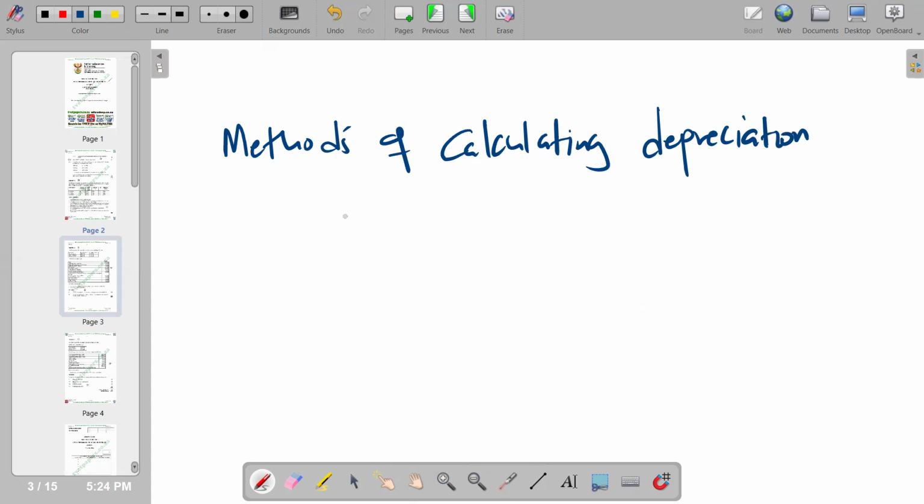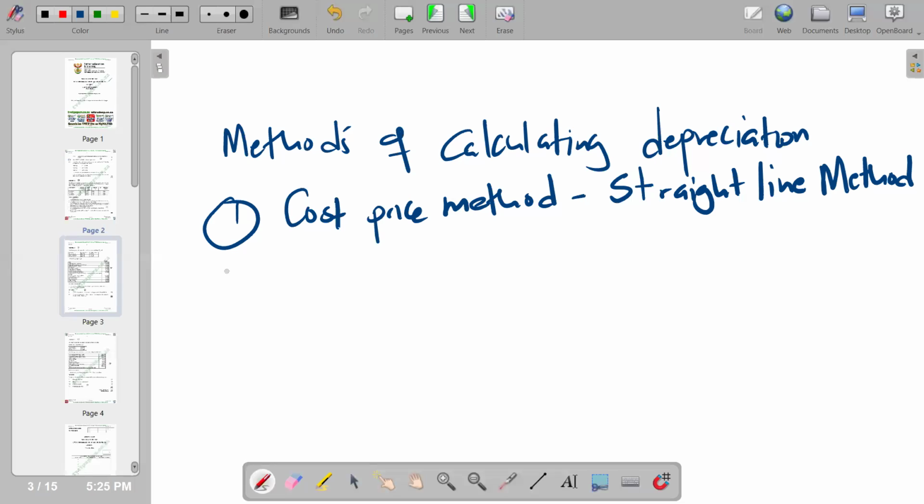Depreciation, one, we have the cost price method. So the cost price method is also called the straight line method. And number two, we have the diminishing balance method.